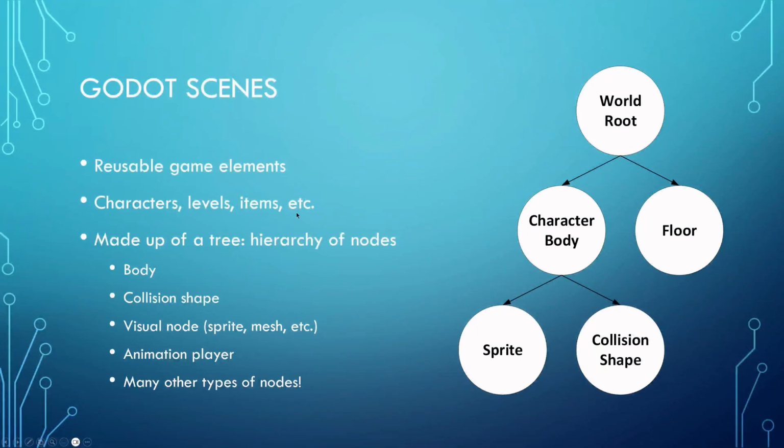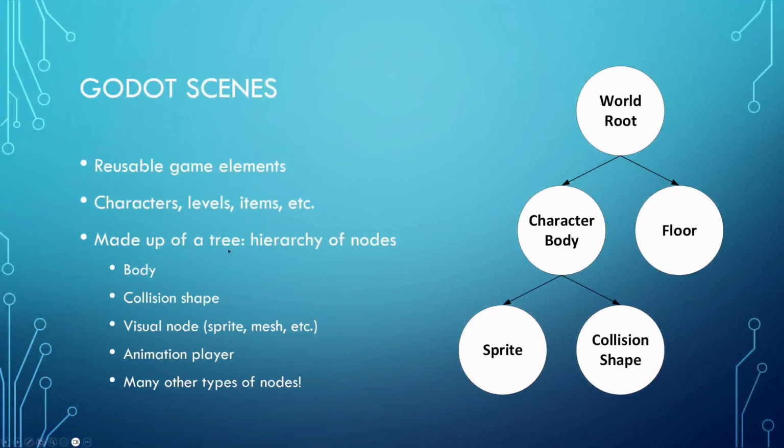And so the word scene doesn't necessarily mean like a scene in a movie or a scene in a video game where it's, here's this environment and here are all the different components of that thing. Although that is what we might call a level, and a level might be a scene. But we also use scenes to make up other things like individual items or characters or other things like that.